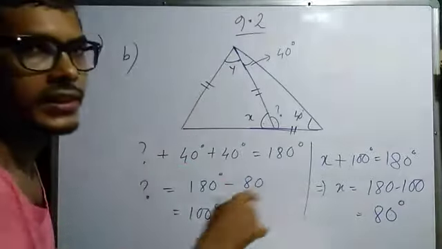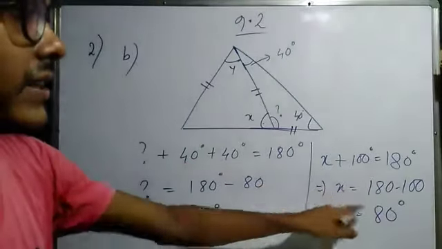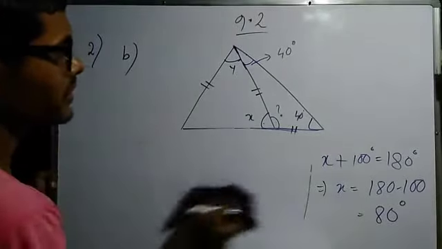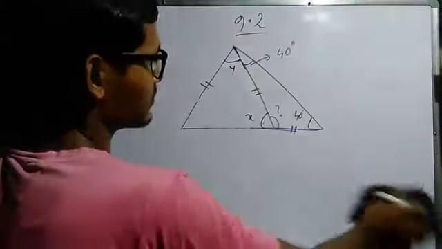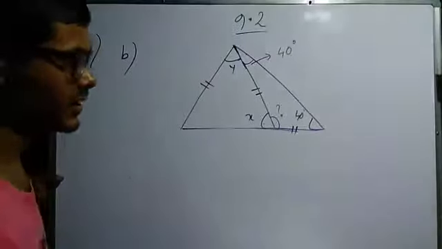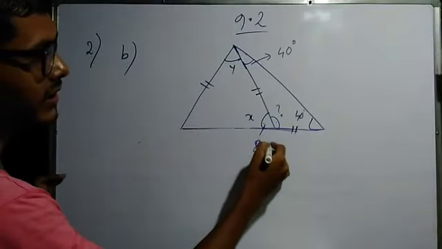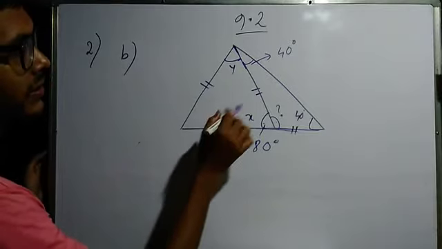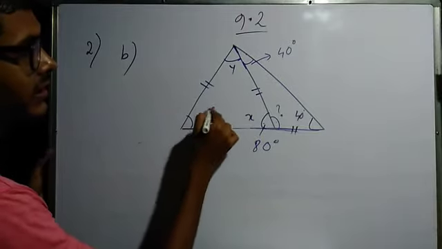So x is 80 degree. Now pause the video and write it down: x equals 80 degree. Now we have to calculate y. Just now we got x equal to 80 degree. Again, if you take this triangle, these two sides are equal, so this angle is also 80 degree.